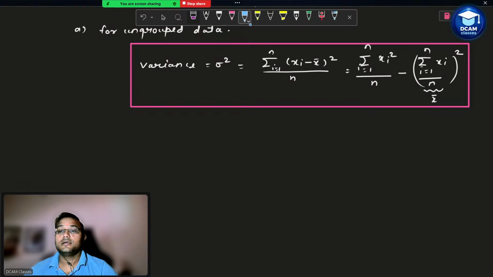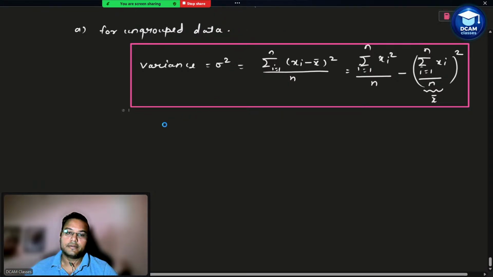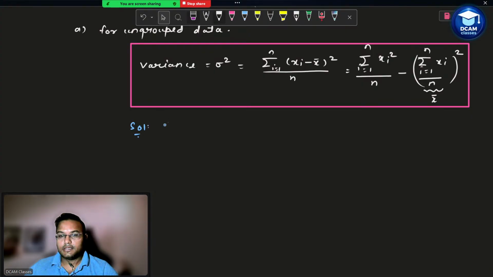In the second term, it's sigma xi squared by n minus (sigma xi by n) whole square. Okay, whole square. You try to do it by yourself. I'll do it here so that you can see how it is done.